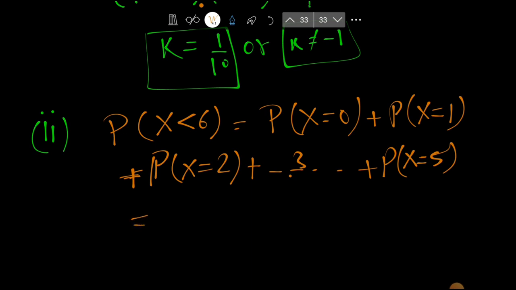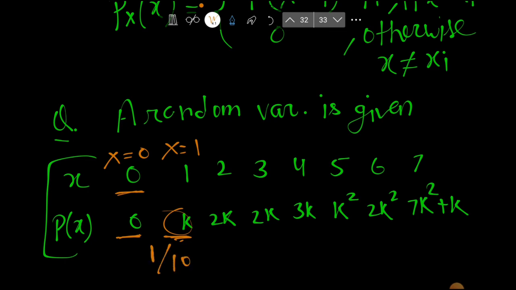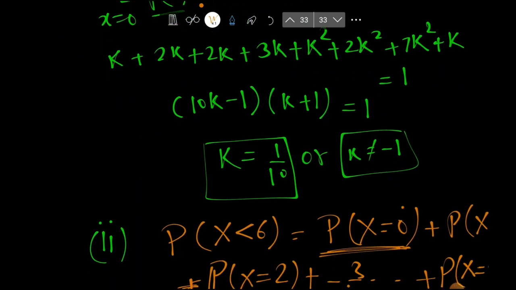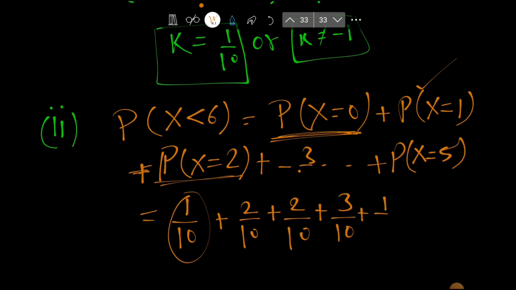So how can we find the values? For x equal to 0, the value is 0, and for x equal to 1, the value is k, which we found in question 1 to be 1 by 10. So we put the value 1 by 10 in place of k, and for x equal to 2 it is 2 by 10, then 2 by 10, 3 upon 10, 1 upon 100.